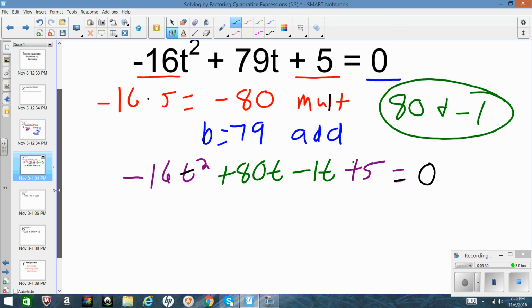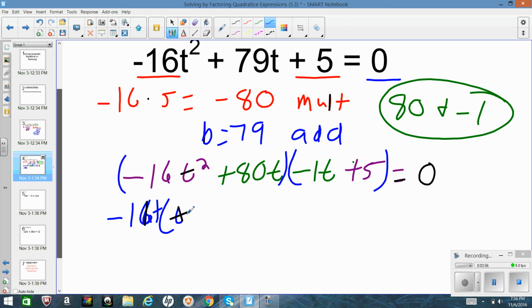Now we see what we can factor out of the first two terms and the last two terms. What can I factor out of the first two terms? I can take a negative 16t away. If I take negative 16t away from negative 16t squared, I have t.